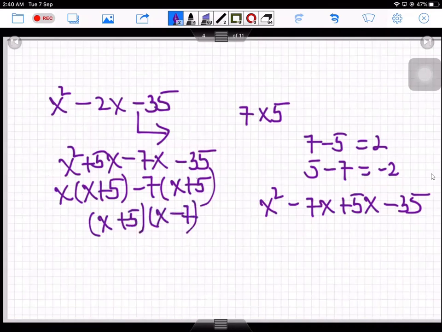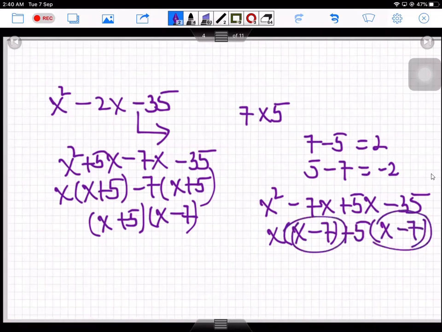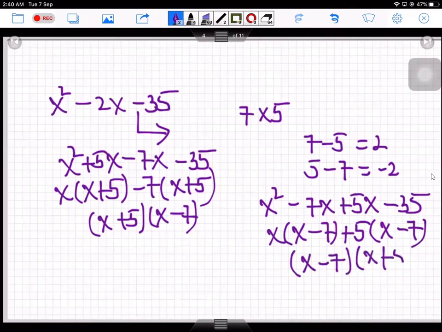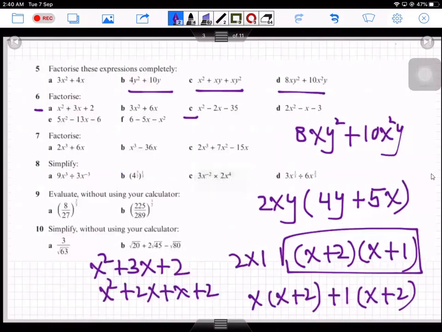In the other case, taking x common multiplied by x minus 7, taking 5 common multiplied by x minus 7. So x minus 7 and x minus 7 is the same. Therefore x minus 7 is written once multiplied by x plus 5. So these are exactly the same two answers. Let's move on to the next question. You can actually try solving these on your own.